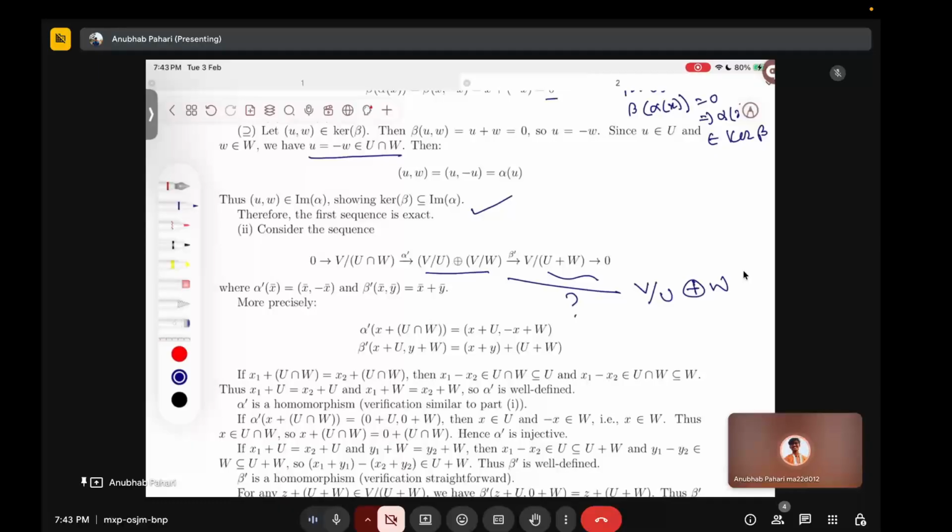So we have to give it a map first. Are you saying that V mod U on the first summand should be the identity map, then V mod W to W should be a zero map, something like this?